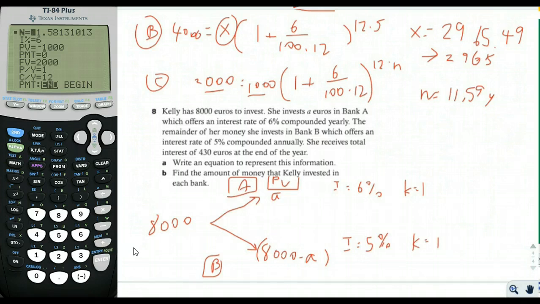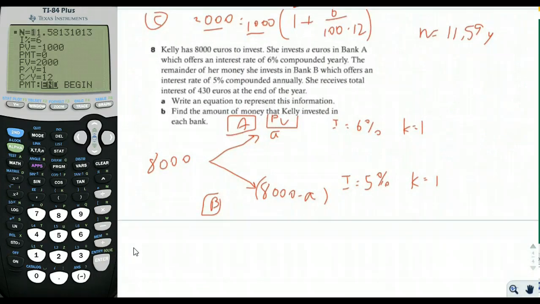Okay, so if I would write everything together, I'm going to use the future value, present value equation. So I'm going to have A times 1 plus 6% divided by 100, and K is 1. And then it's at the end of how many years? At the end of the year.